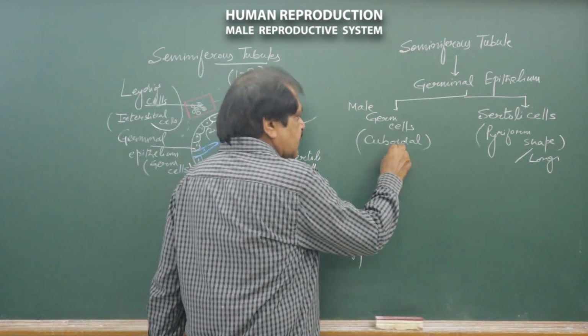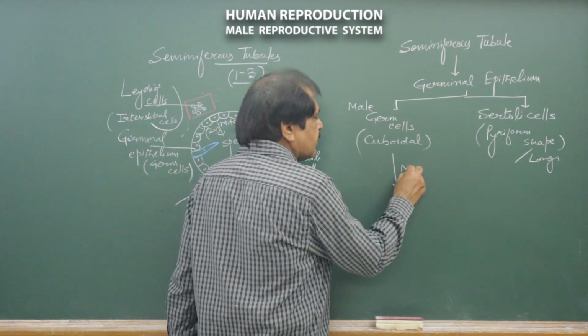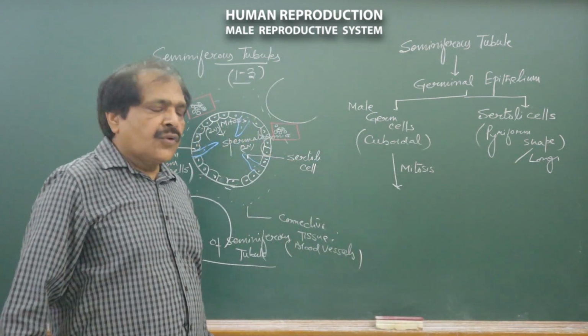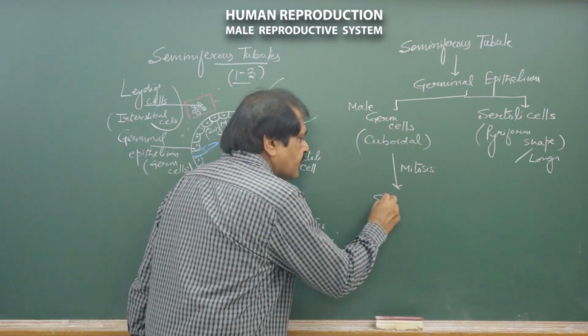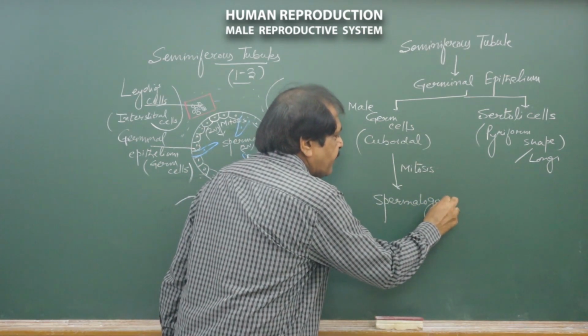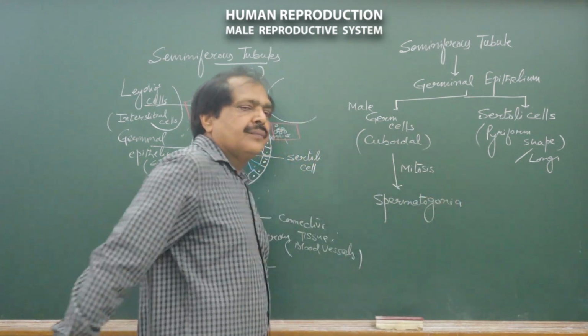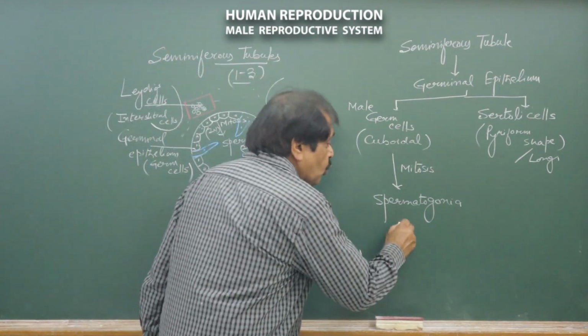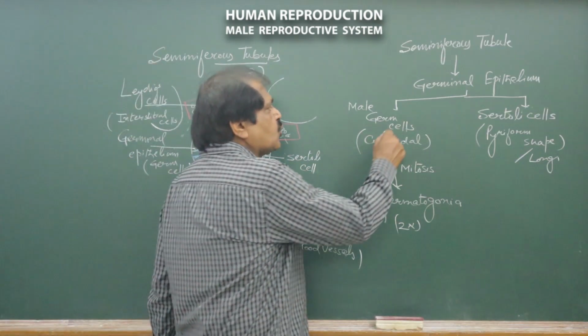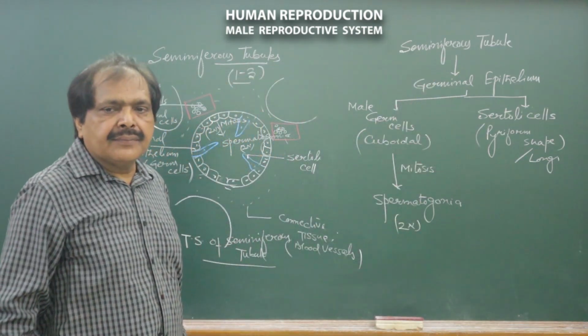These germ cells by mitosis form spermatogonia. Spermatogonia is singular. These spermatogonia are diploid, and all these structures are diploid.